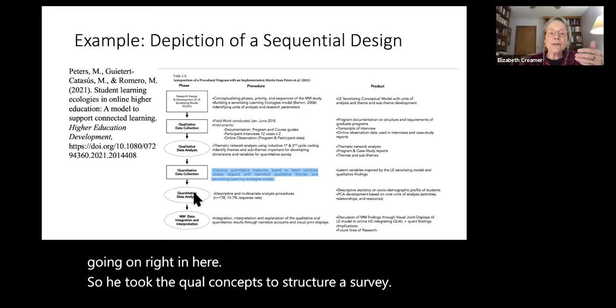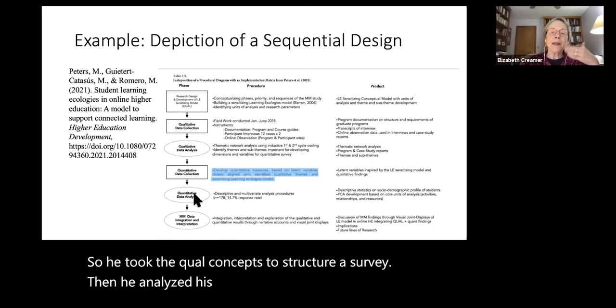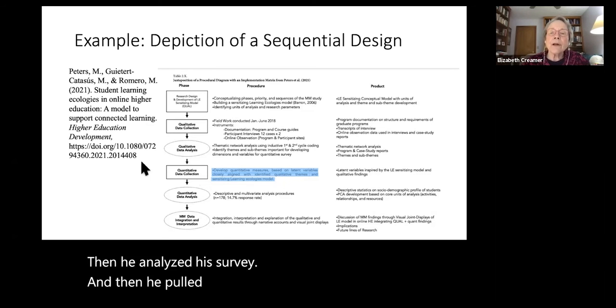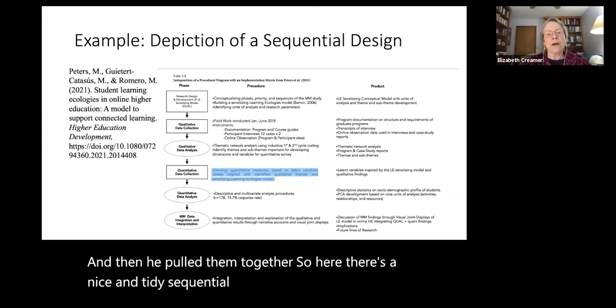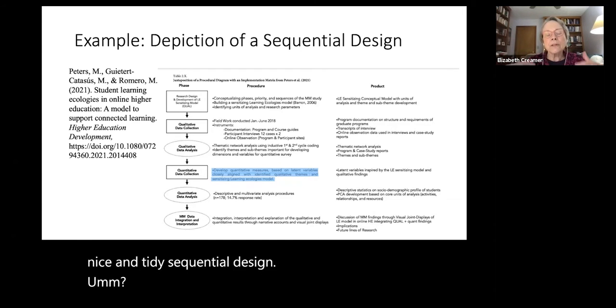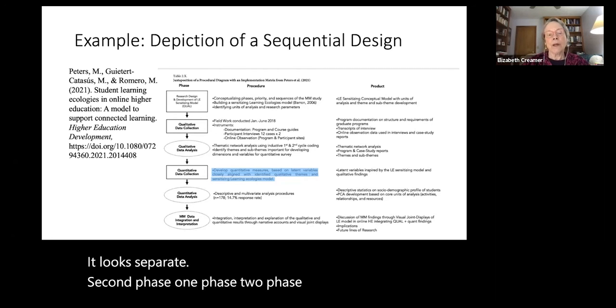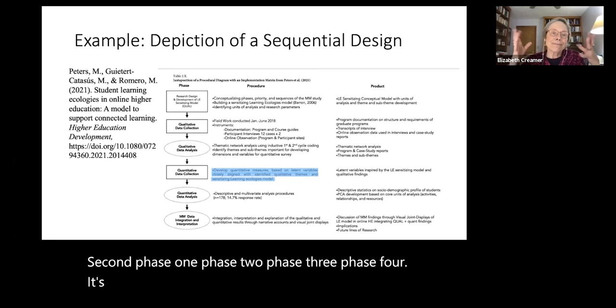Then he analyzed his survey, and then he pulled them together. So here is a nice and tidy sequential design. It looks separate, like phase 1, phase 2, phase 3, phase 4. It's probably not that tidy in real life, right?